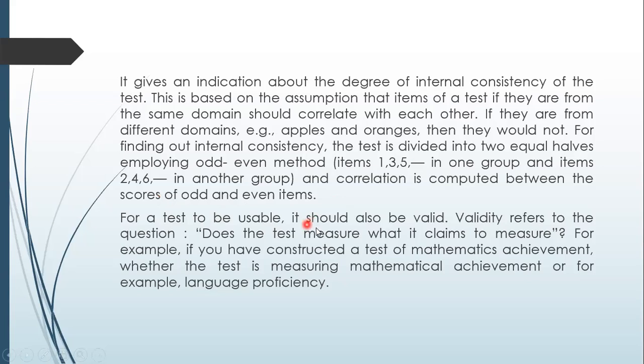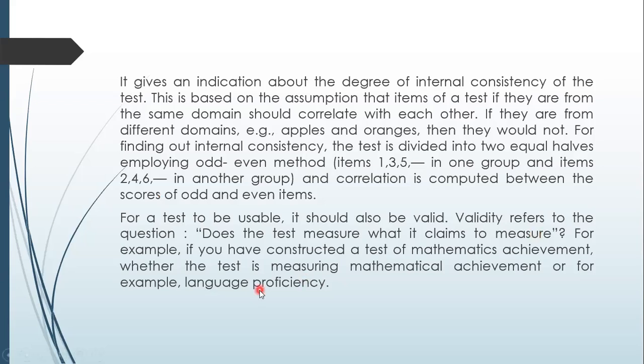For a test to be usable, it should also be valid. Validity refers to the question: does the test measure what it claims to measure? If you are taking an intelligence test, and I am sticking with this example for feasibility and understanding, there can be different factors like anxiety, stress, memory, forgetting, but the intelligence test is meant to measure intelligence.